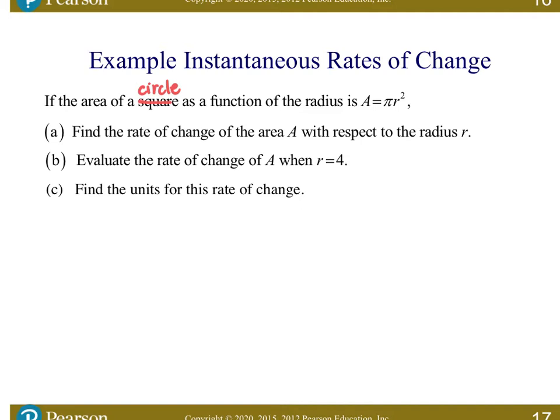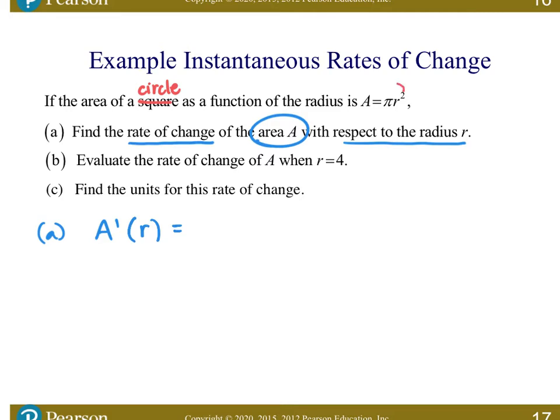In part A, we are asked to find the rate of change of the area with respect to the radius r. So in part A, we would write A prime, that's the rate of change of the area, with respect to r would go on the inside, like this.